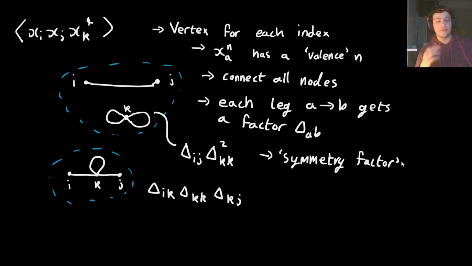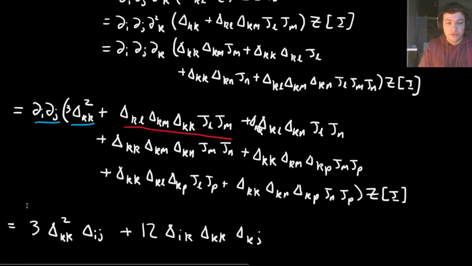So this accounts for the fact that there are lots of ways in which the same diagram can occur, right? So we could have connected these two k vertices, or we could have connected across like this, right? There are 3 ways that we could have made that diagram, and we see that in the coefficient 3 here, right?